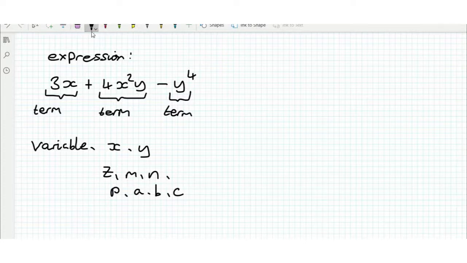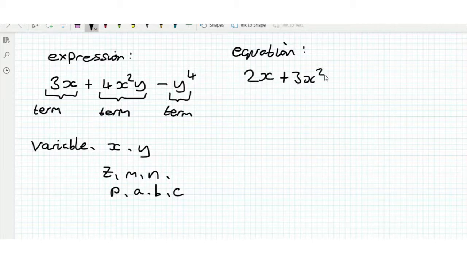Next, on a similar line to expressions, we're going to look at an equation. And an equation is just two expressions that are known to have the same value. Okay, so that is an equation. It means for a particular x and y, so x and y here are just placeholders.